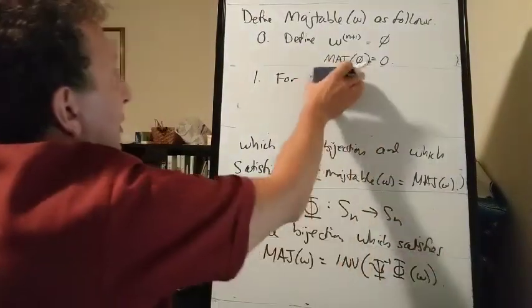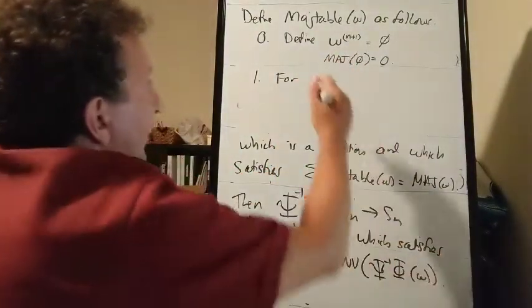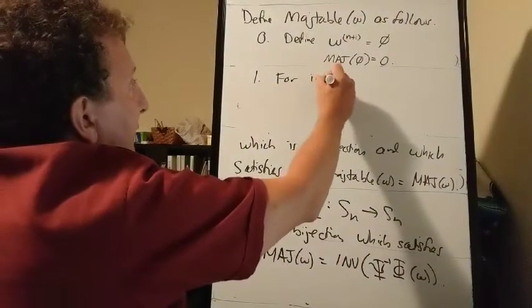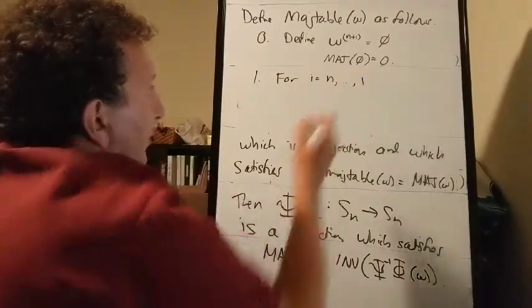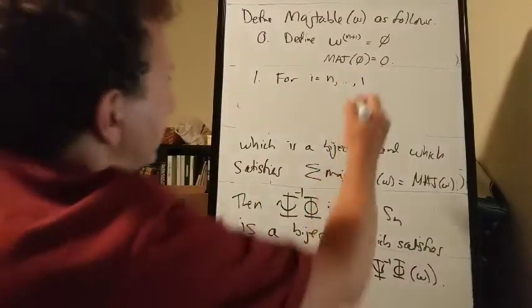Then we will look at letters starting with the greatest. So we'll start with n and go down to 1.